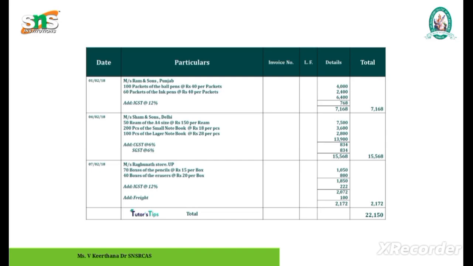Next is the amount column. The amount column gives a clear and accurate net amount payable to the supplier of goods.